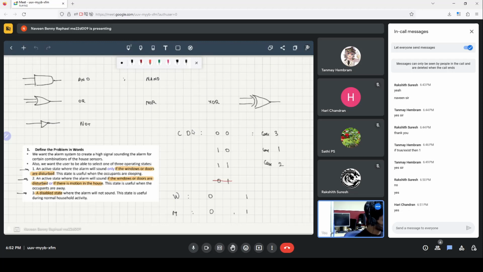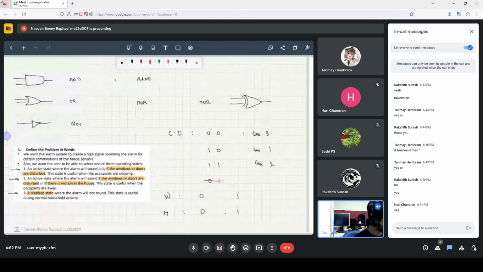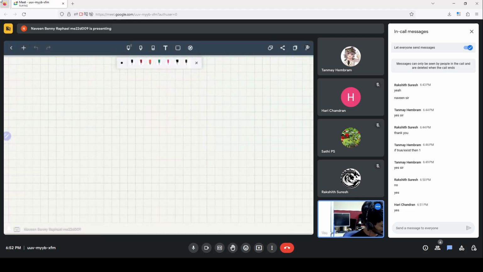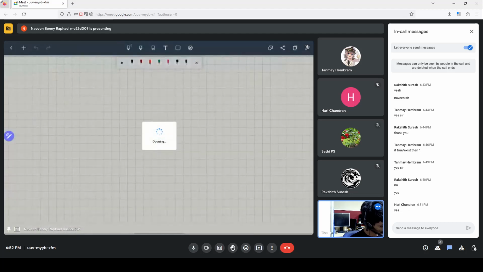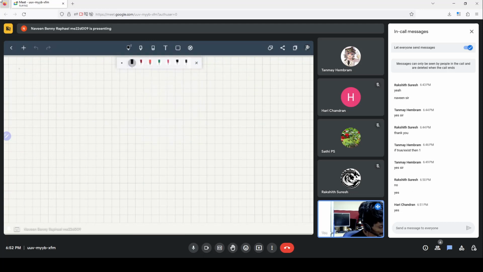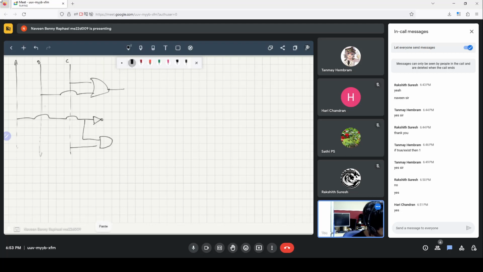For example, sir can very well give you a question with three variables A, B, C, and then he connects them in absolutely dastardly combinations, things like this, and then expects you to write what the output is.